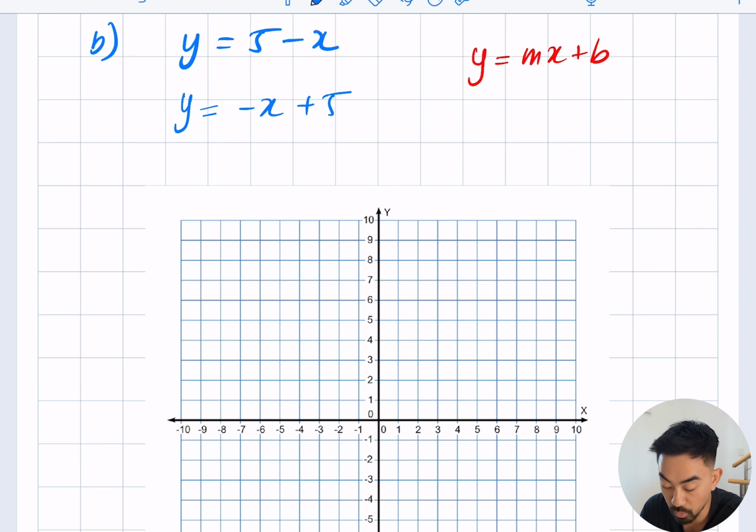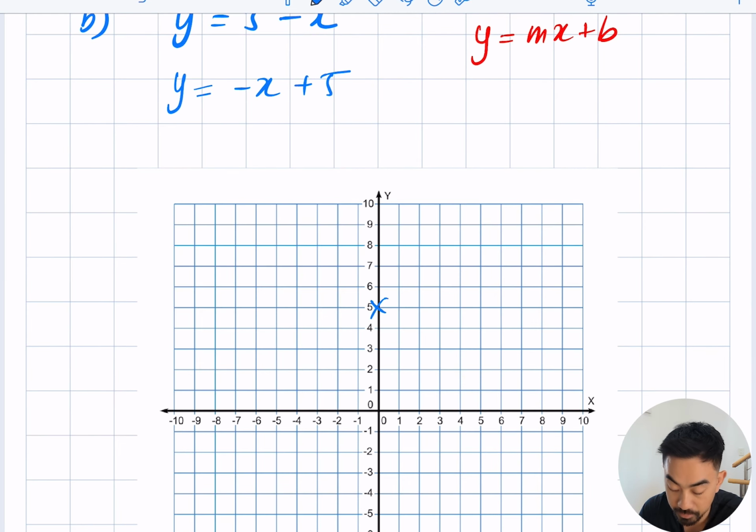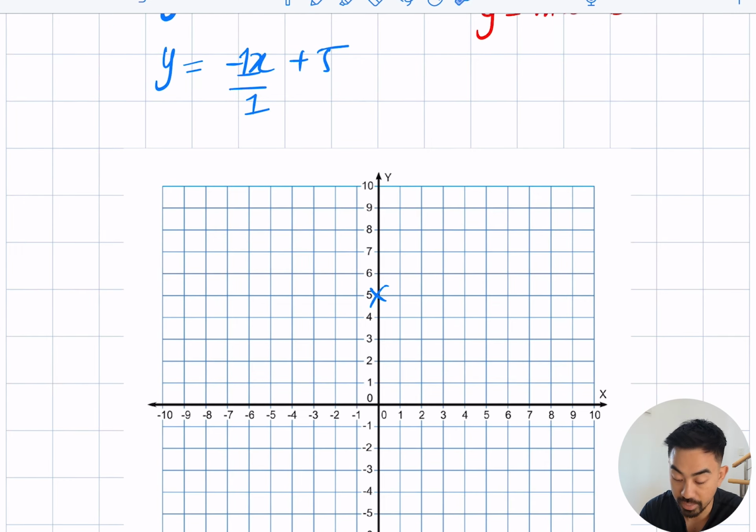So once again, I'll start with the y-intercept, which is 5, which is there. Now the gradient here is kind of hidden, so it's minus x. Well, if there's no number, it's actually just 1, okay? And once again, I have no run, so let me just make 1 there. So it's going to be minus 1 over 1. That is the gradient. So because it's going in a negative direction, I know it's going to have to look something like that.